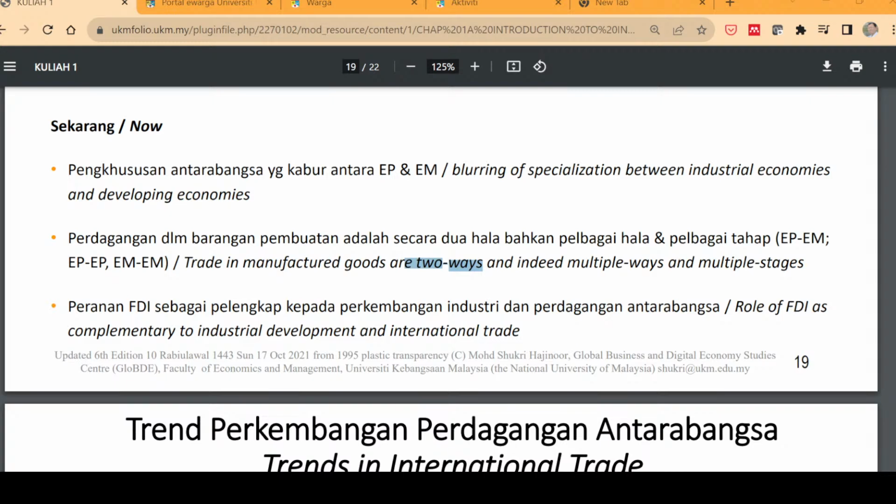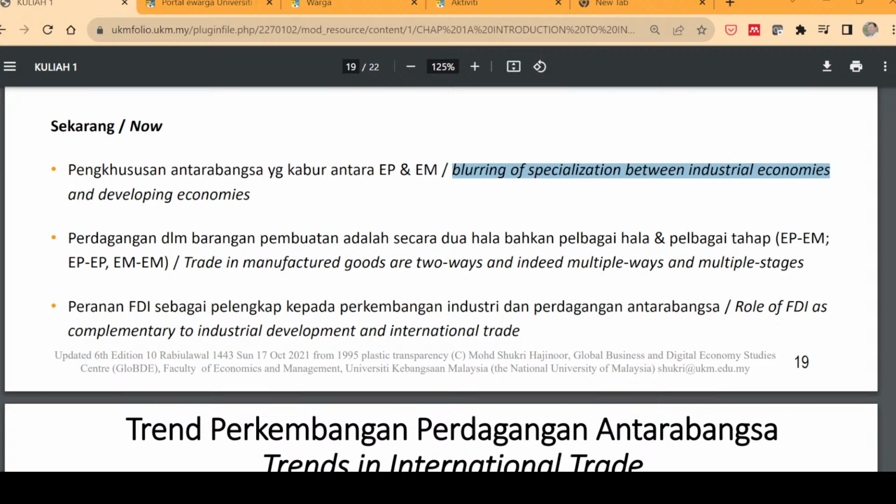That's the meaning, we're talking about the same thing: industrial economies, developed economies. So there is a blurring of specialization among industrial economies and developing economies because of that. Two ways, also multiple ways, and the last one here, multiple stages.